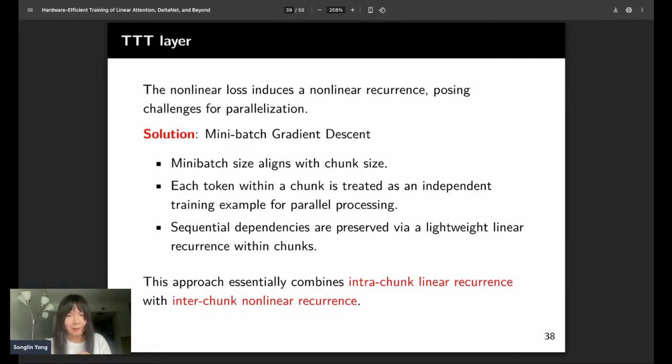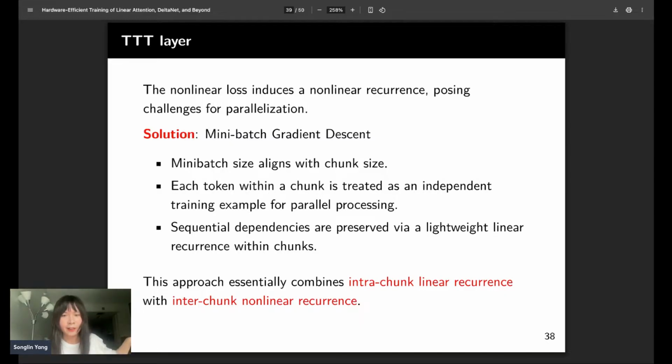And by doing so, we can process multiple tokens at once. However, we lose the sequential dependency for tokens within the same chunk because each token within the chunk is treated as an independent training example. So we don't have the sequential dependency. To work around this problem, they also come up with a hybrid strategy.